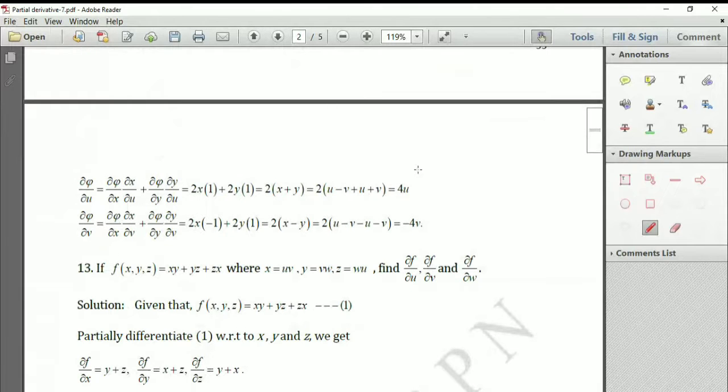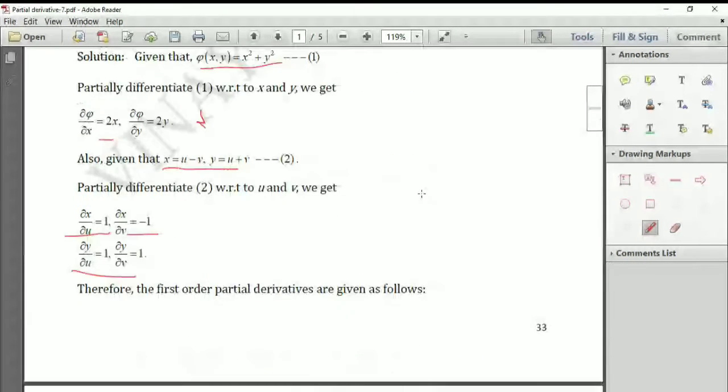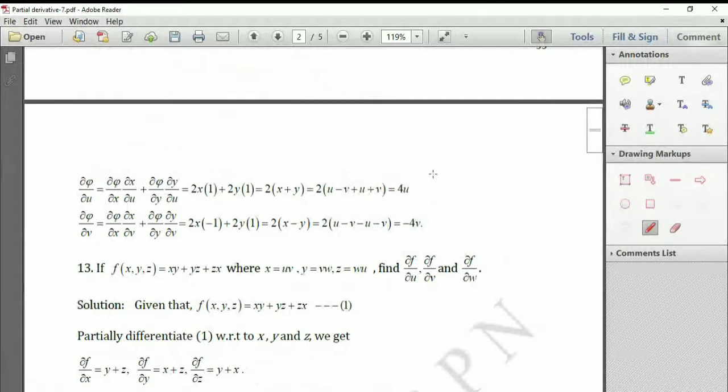Now, see, we have to find the derivatives. Am I right? So let us write. Your phi is a function of x and y, and your x and y are functions of u also. We'll keep v constant. Whenever there is a rate of change in u, x and y both change, because x is u minus v, y is u plus v. If there is a change in the value of u, there will be a change in x value as well as y value.